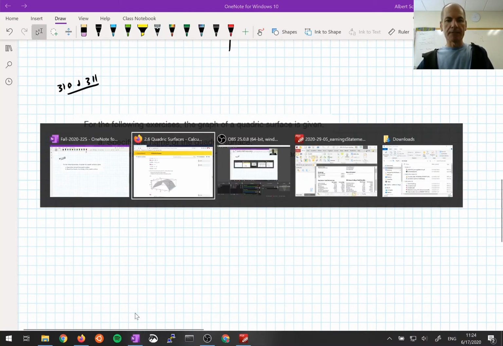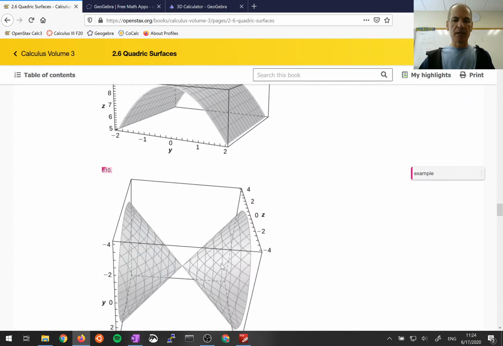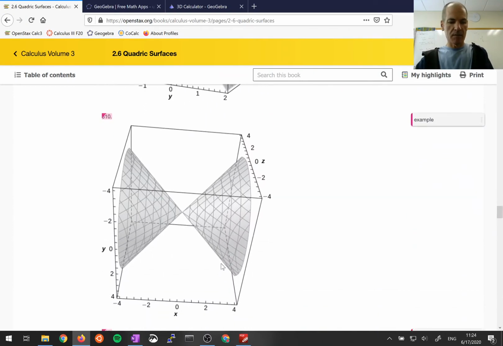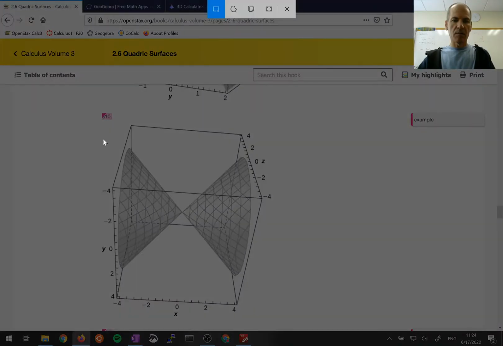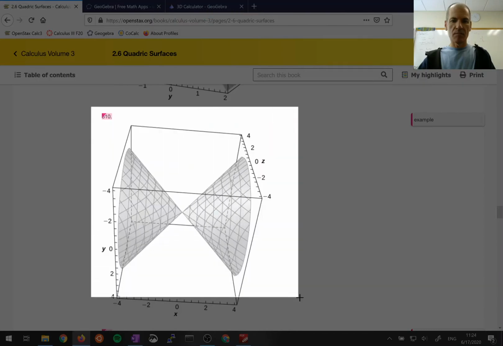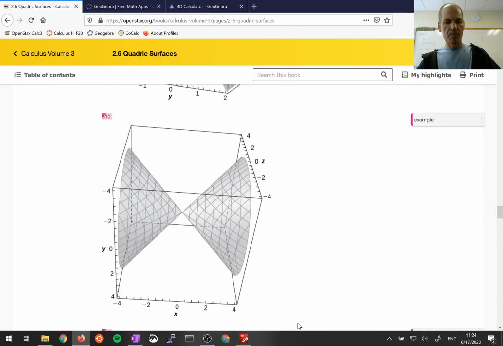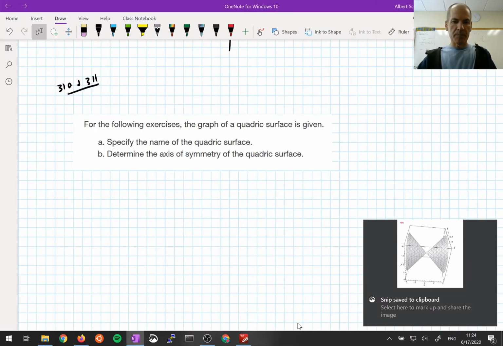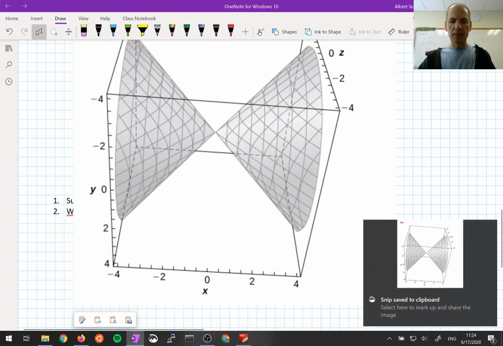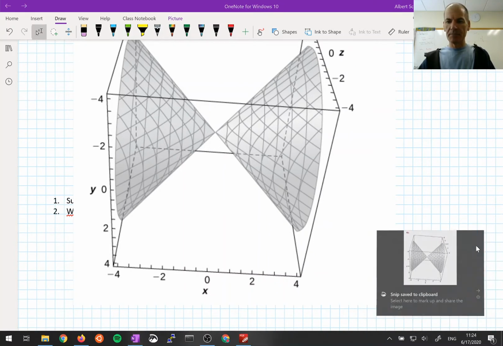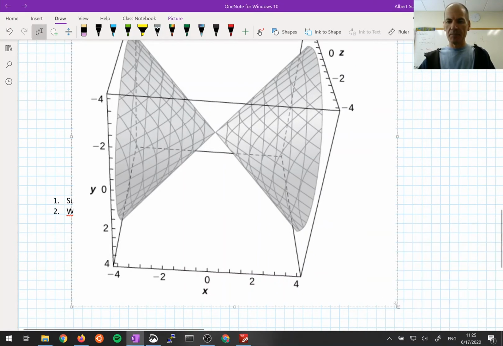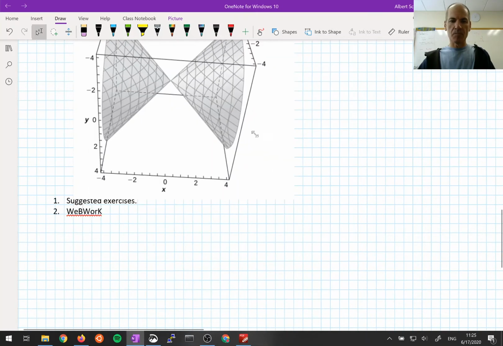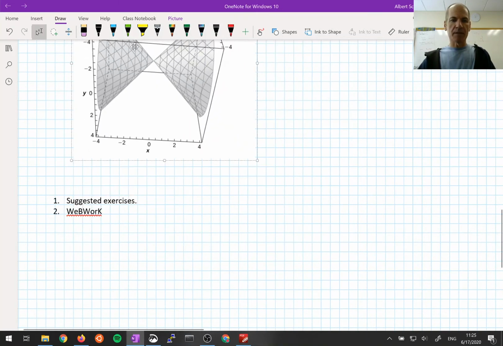the 2 plots. So 310, 311. Ooh, that's quite large. Let's shrink that down a little bit and give ourselves a little more space.